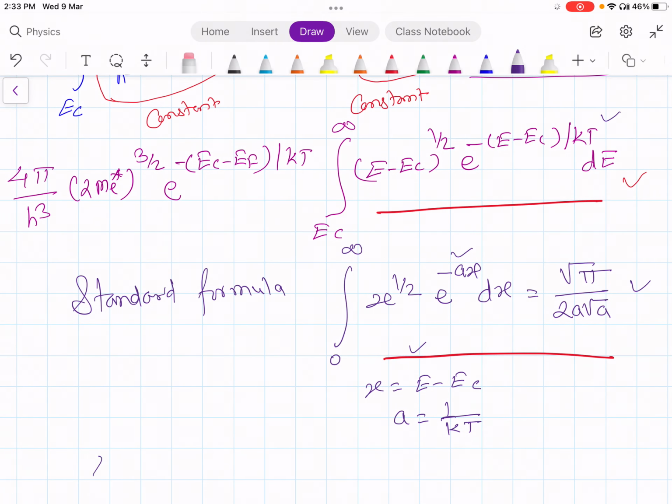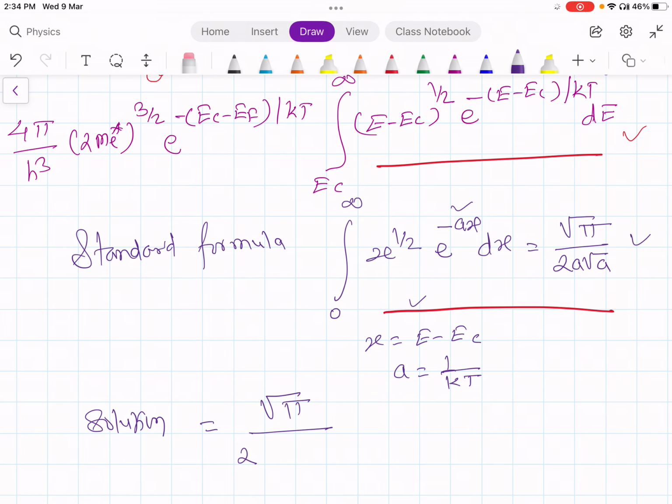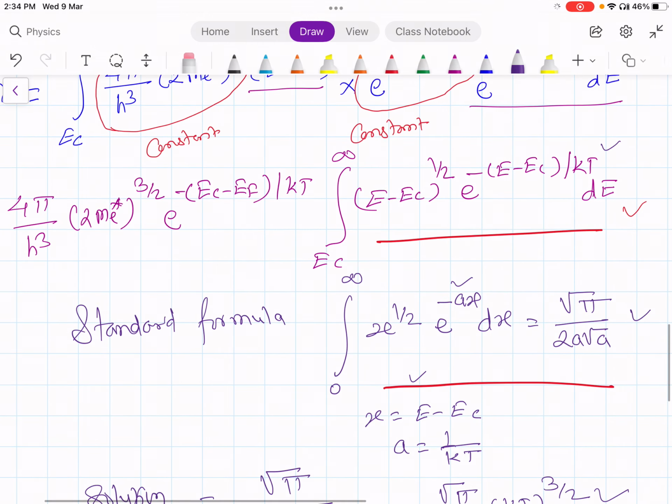And so the solution is root pi upon 2 into a. So this is 2 into 1 by kT into root of 1 by kT. Simplify it, and what you get is root pi by 2 into kT raised to 3 by 2. So this is the solution of the integration.